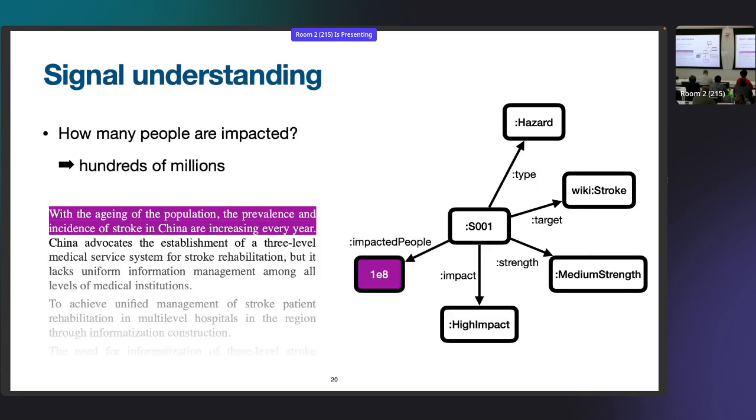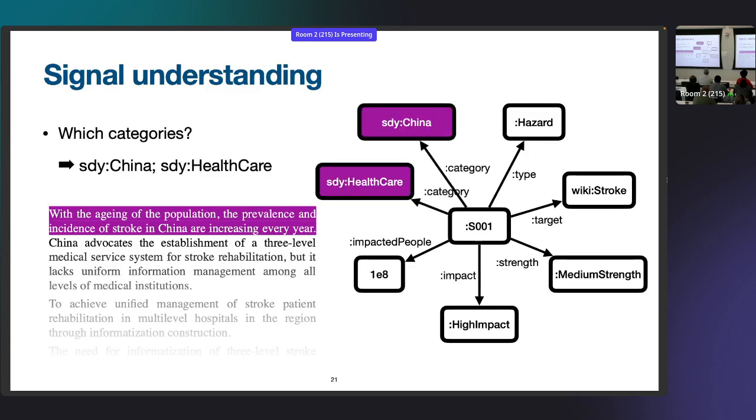Then, how many people are impacted? Large language models also have an intrinsic knowledge of what it means to have a health hazard in a region with as many people as China. In this case, we have 10 to the power of 8 people, extracted from the text as hundreds of millions.